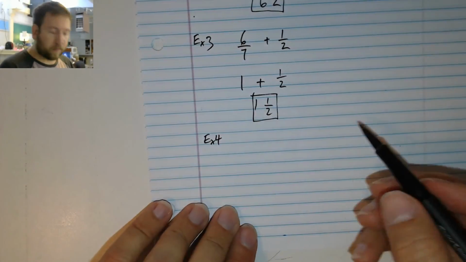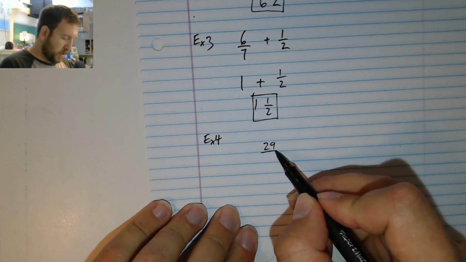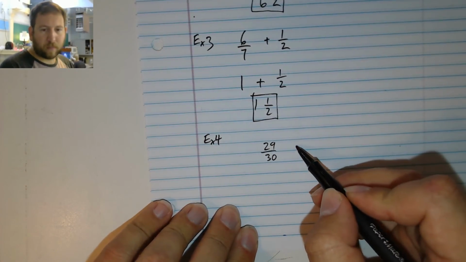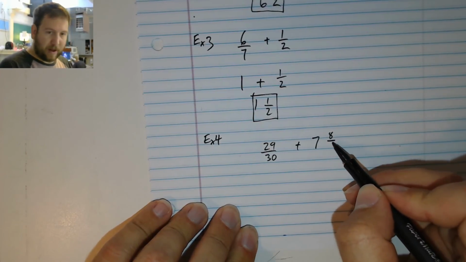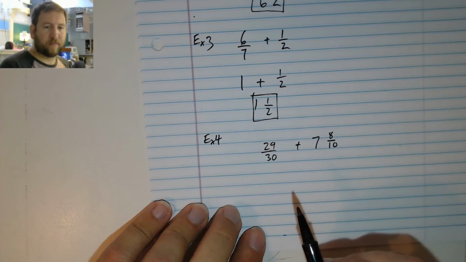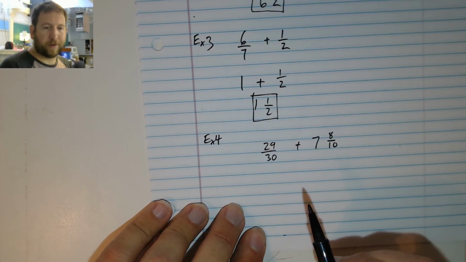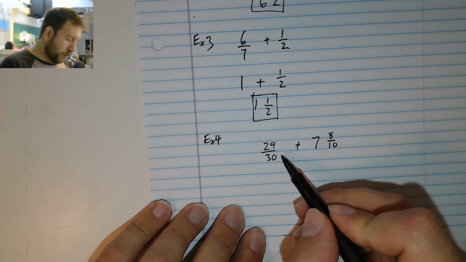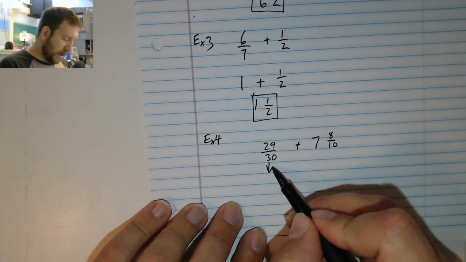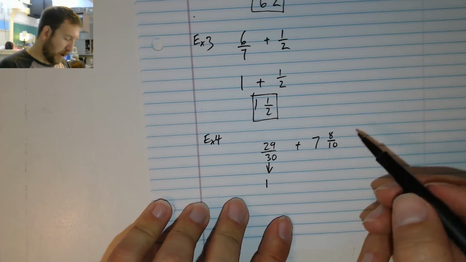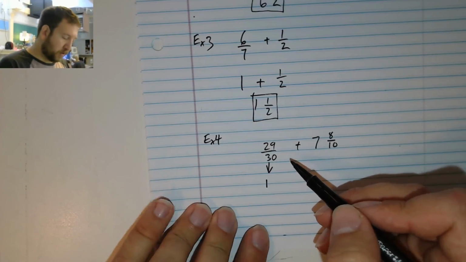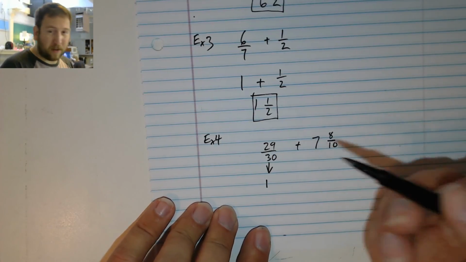Okay, let's do one last one. Example 4, 29/30 plus 7 and 8/10. Alright. So 29/30, I can estimate that to be about 1 because I did the steps in my head of figuring out what is going to be closest to what. I know that 29 is going to be almost 30.